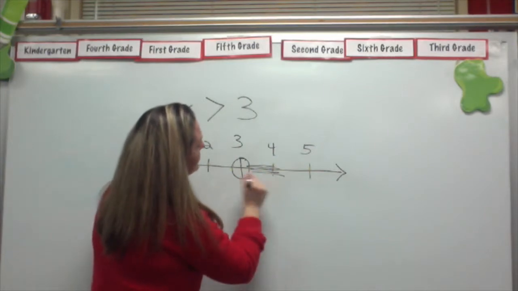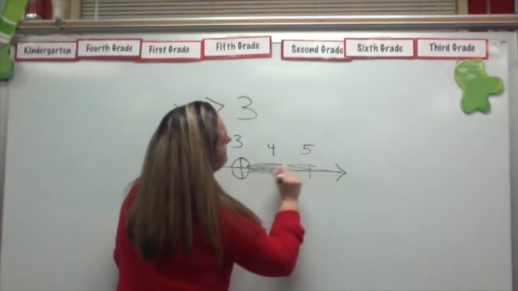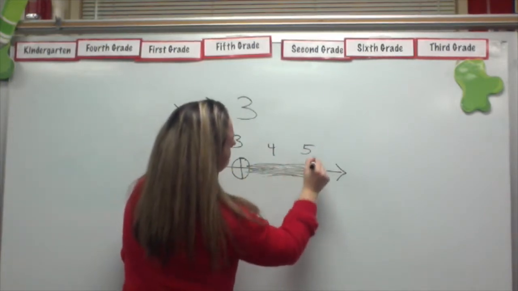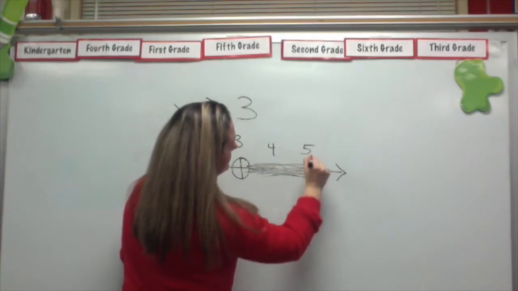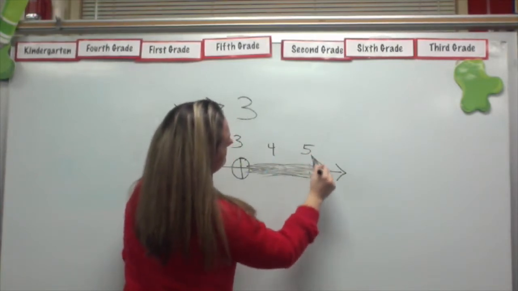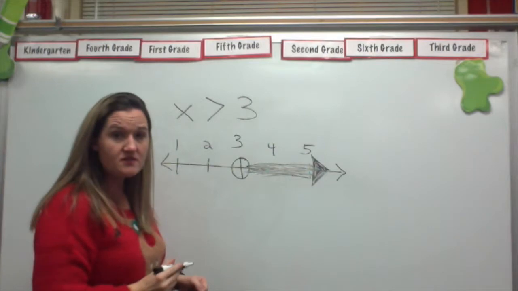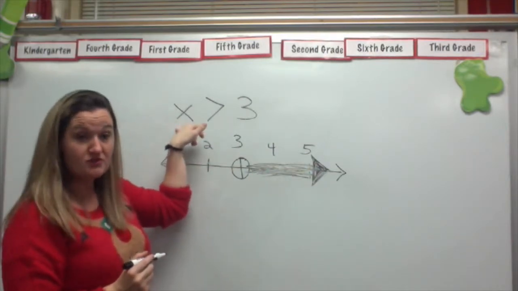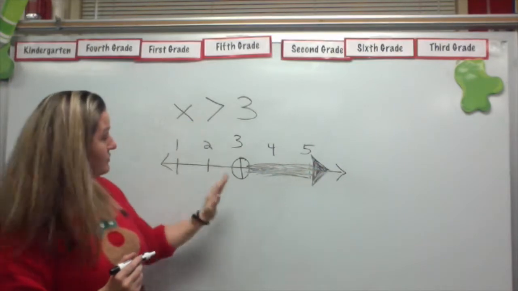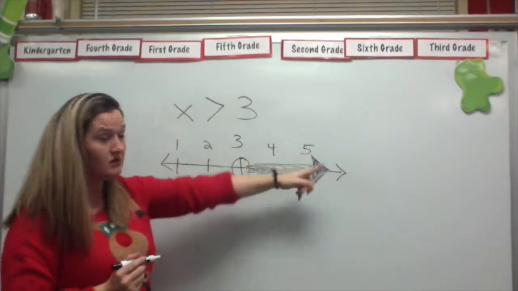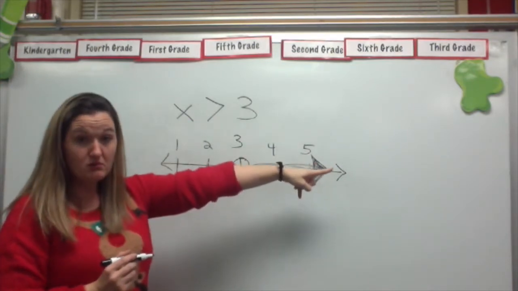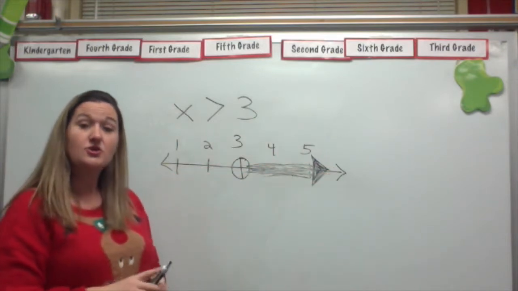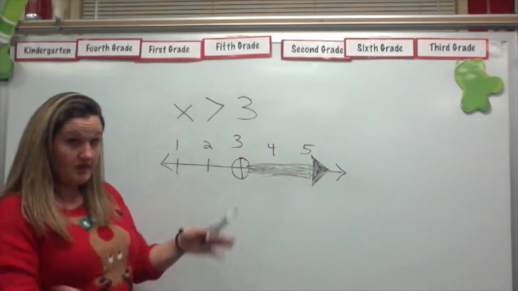Then I'm going to bold this line, make it really thick, and show that it's an arrow. Basically, that's showing that the solutions for this inequality, x is greater than 3, are pretty much any number in this direction on the number line. So that's how you would do that.